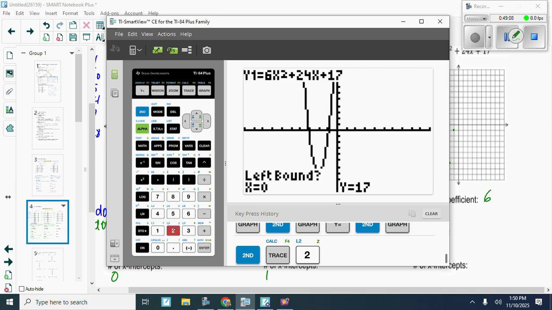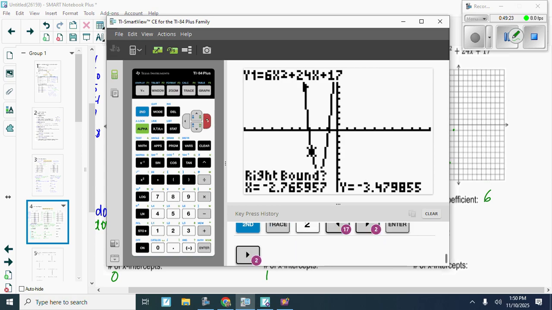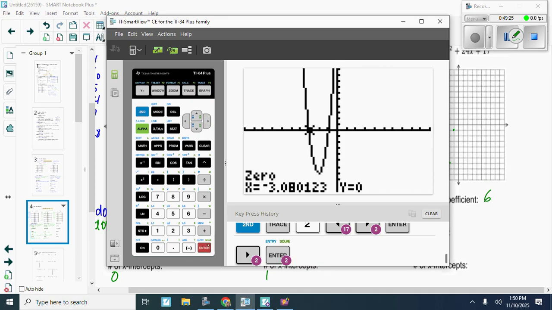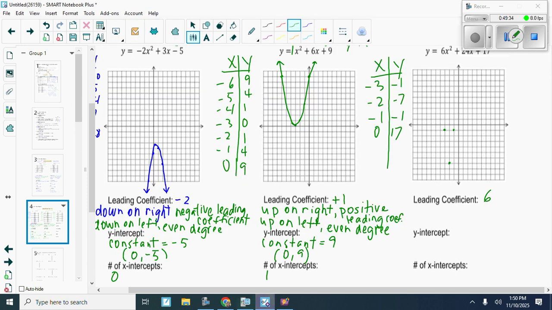We're trying to find where they hit the x-axis. So you guide it, telling it which one you're looking at first. I'm interested in this left intercept first, so I go to the left of it, to the right of it, hit enter, and it tells me that when y is equal to 0, I have an x-intercept at -3.08. So I'm going to add that here.